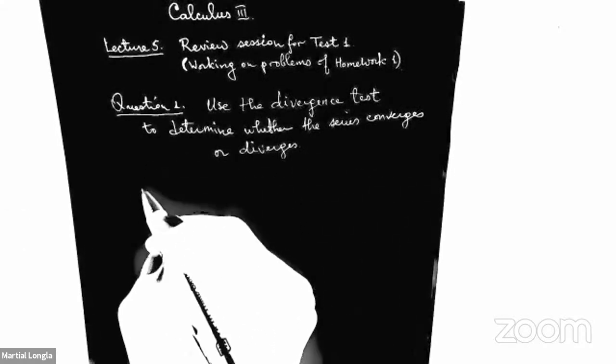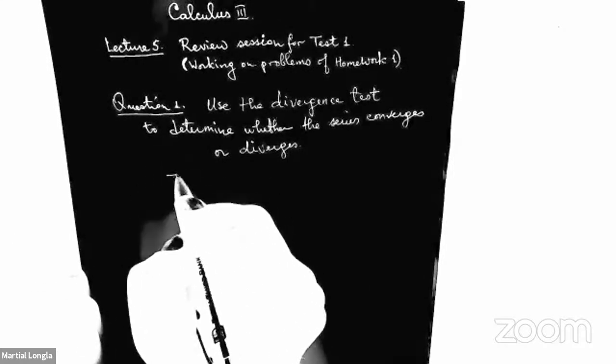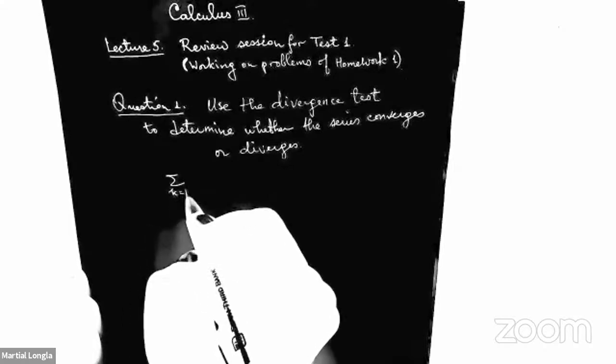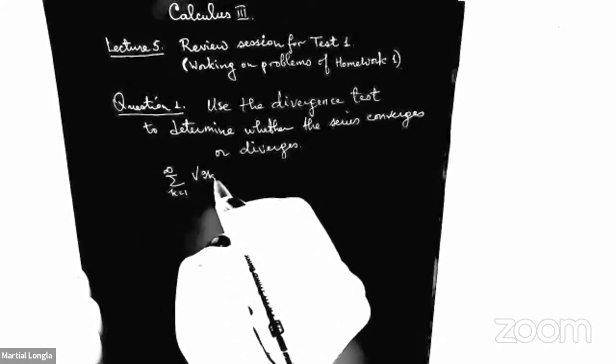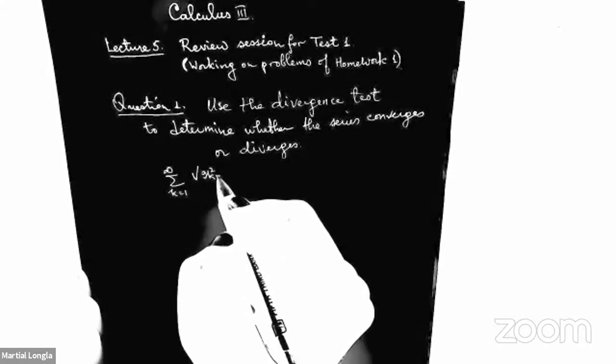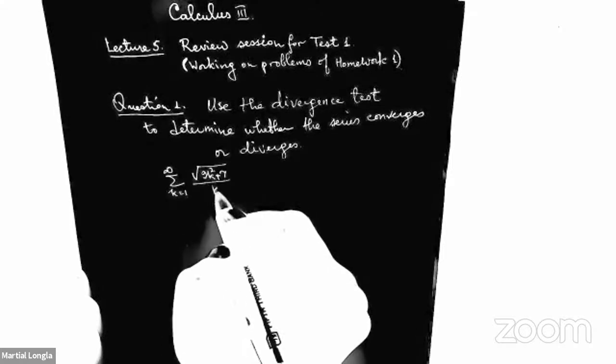One of the examples that you had on your homework was the sum from 1 to infinity of the square root of 9k squared plus 7, over k.